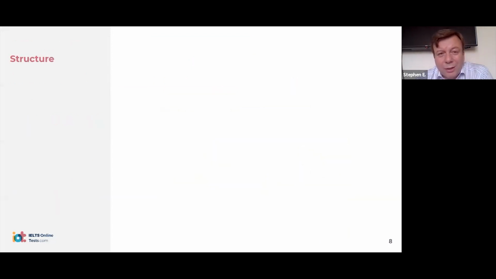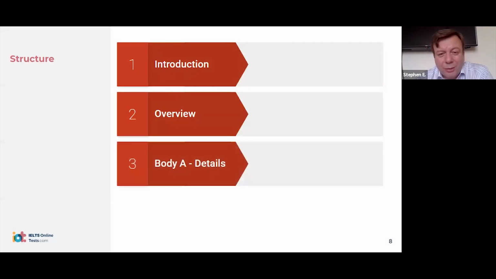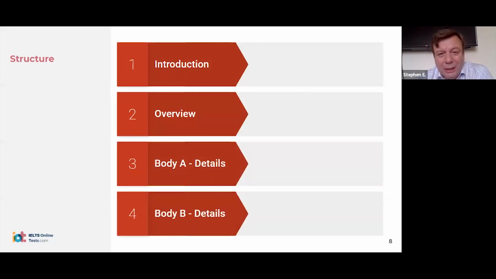So we'll have a look at our structure. We're going to have our introduction followed by the overview, body A, body B. So what about our introduction? What are we going to do in our introduction? Yeah, paraphrase, synonyms. Okay.